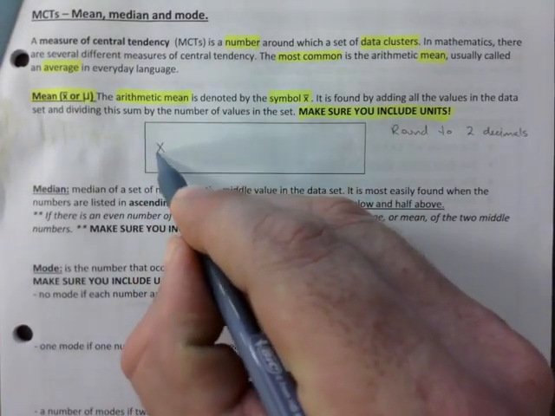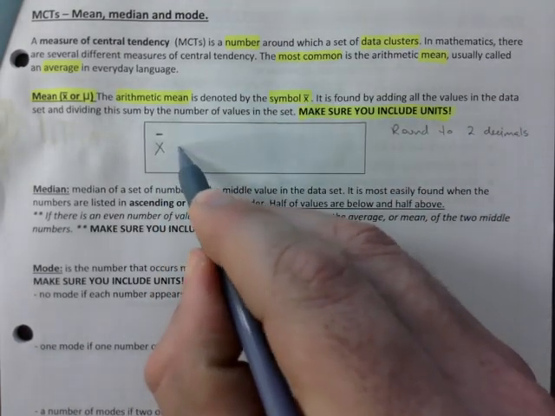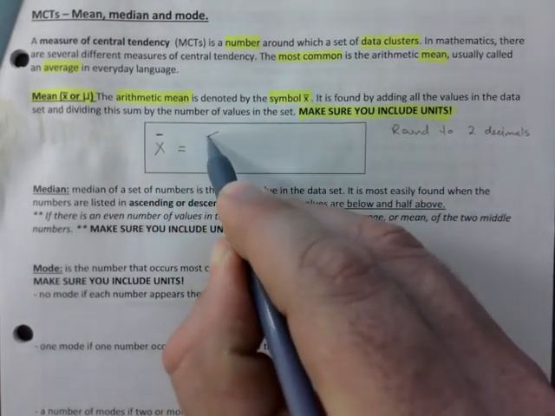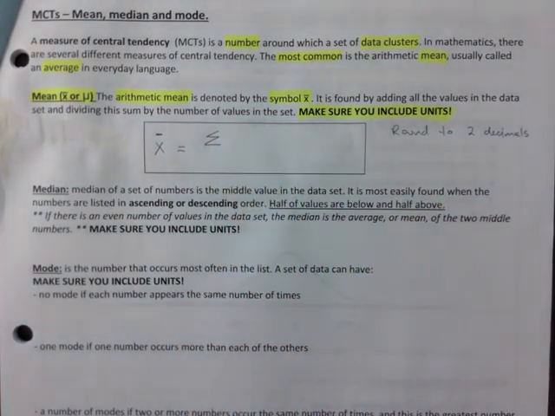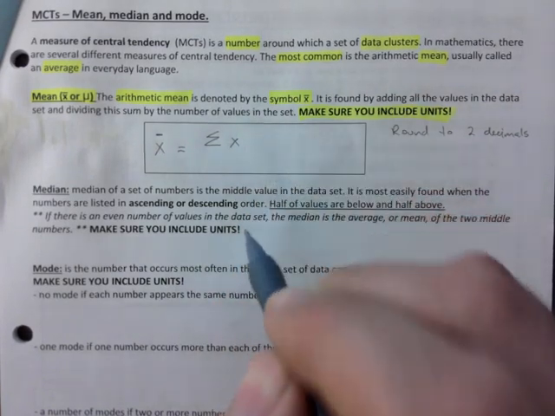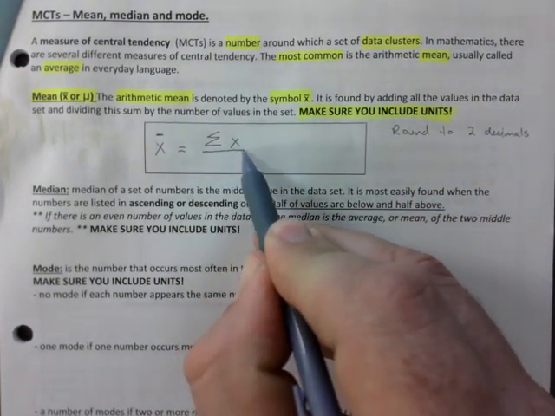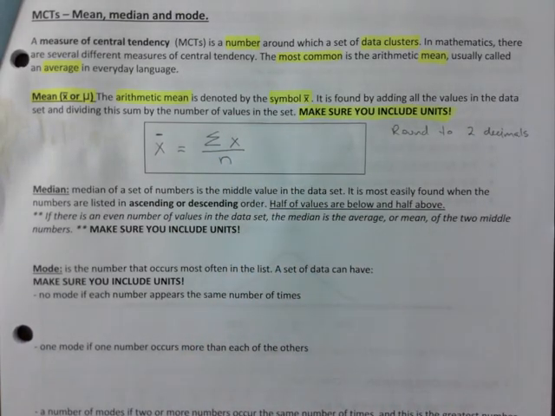So this is the official way to write the formula for average. It would be the sum, that is a symbol for sum, adding everything up. Sum of all values divided by the number of values. That is the official. They never taught you that one in junior high, did they?